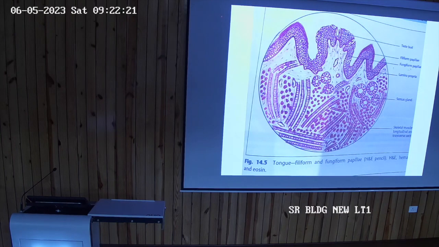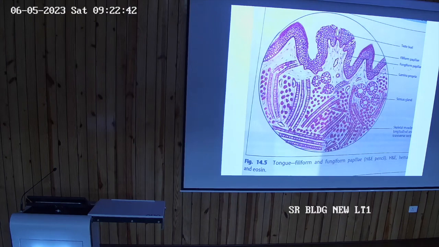Look at the difference between the fungiform and filiform. In filiform papillae, there is no such picture as is shown here in fungiform. That is the taste bud. So taste buds are present in fungiform papillae. No taste buds are seen over the filiform papillae.